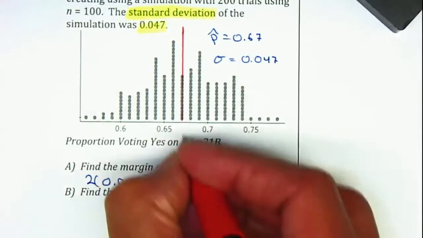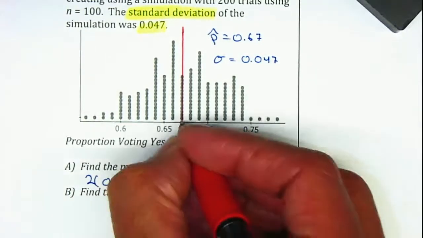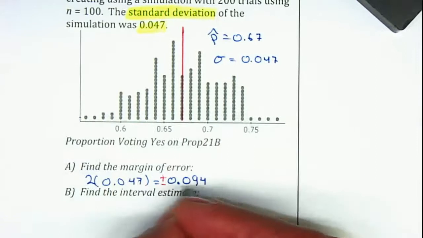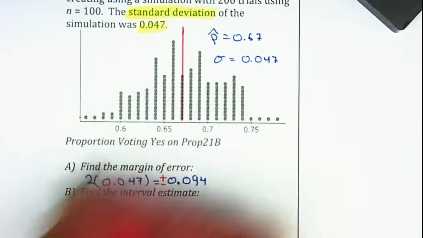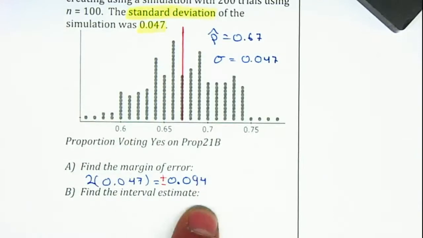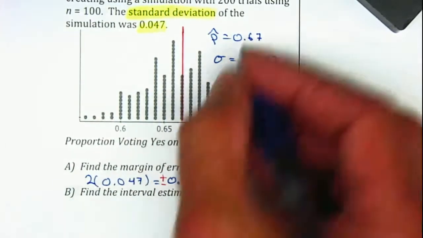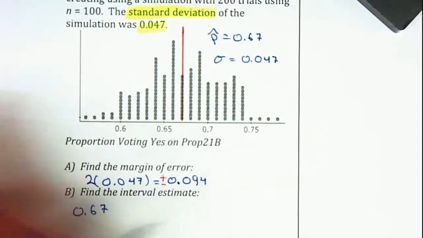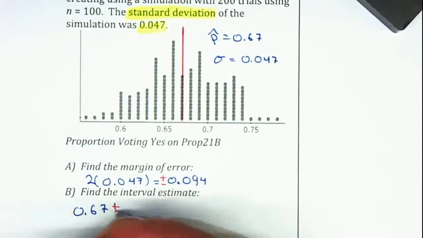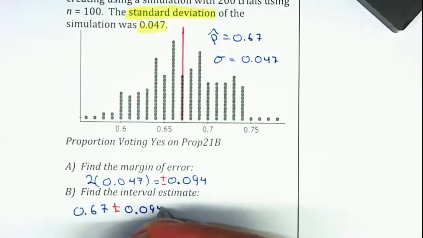It's plus or minus because you're going to go to the right 2 standard deviations and to the left 2 standard deviations, which is 0.094 to the right and 0.094 to the left. Now, to be able to find the interval estimate, we are going to add it and subtract it to our center. 0.67 will be plus or minus 0.094.